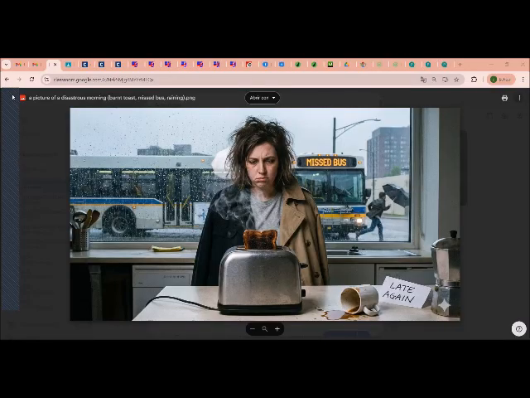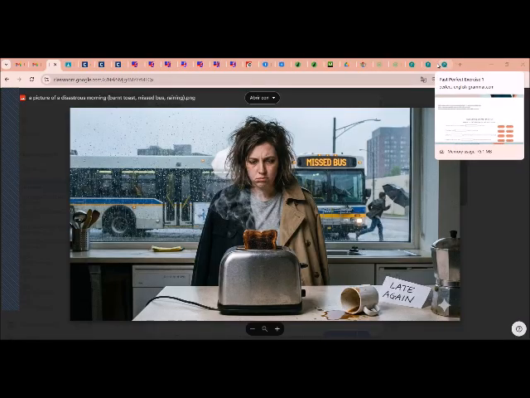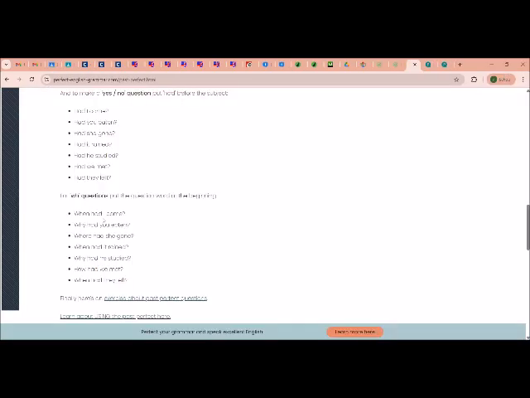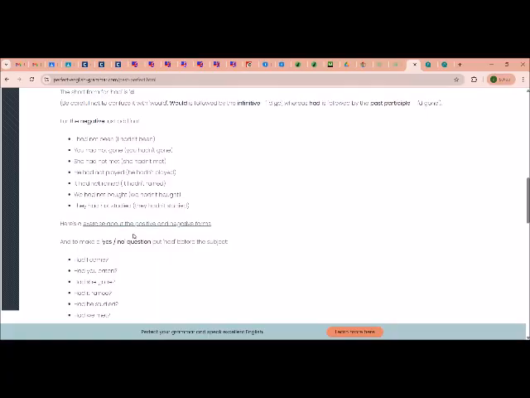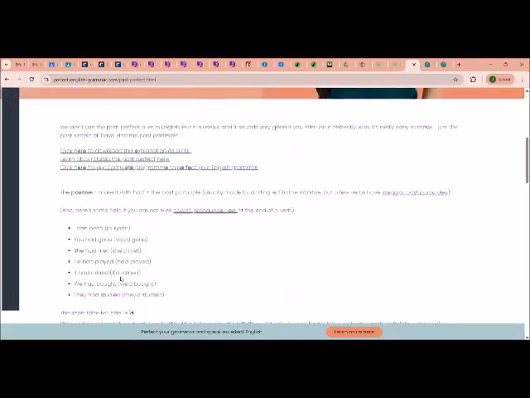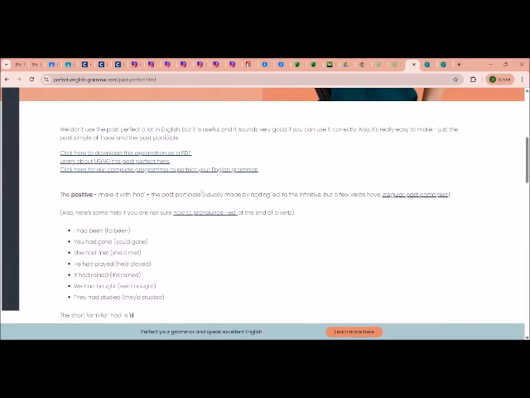Now, when it comes to structure, don't forget, you need your had and you need your verbs in their participle form, right? Particularly be cognizant of your -ed endings and how they change and your irregular past participles, okay?